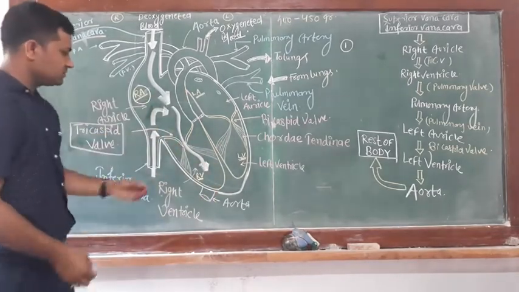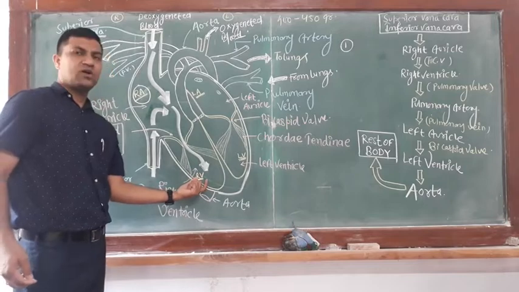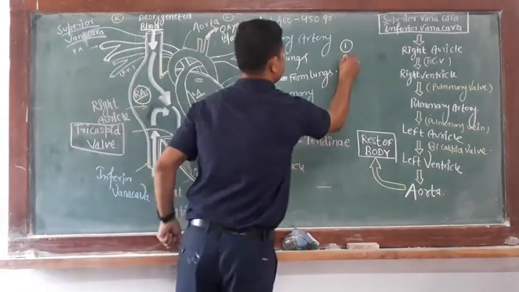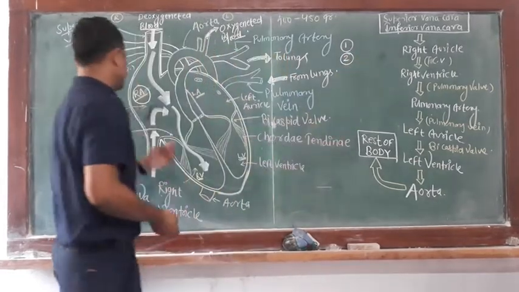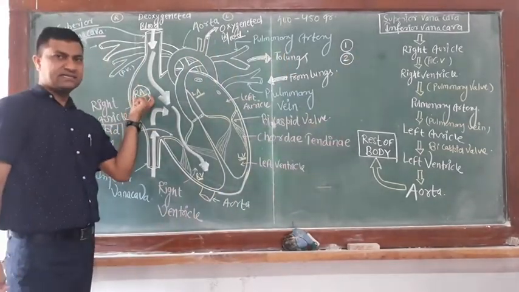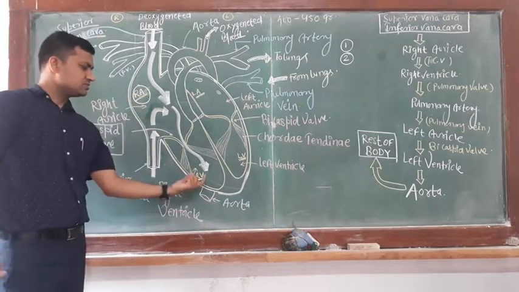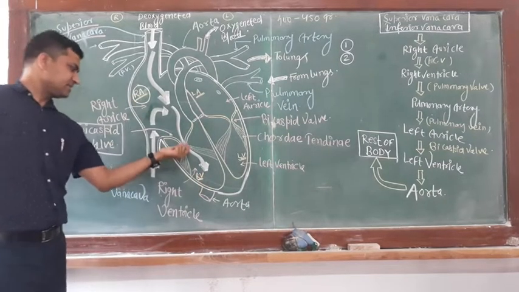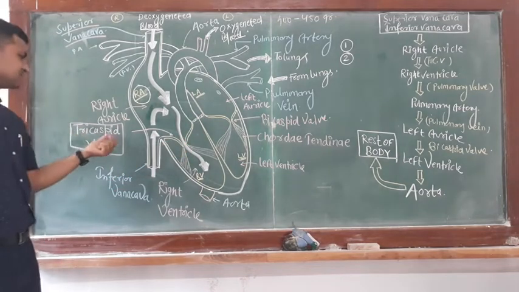Blood comes into the right ventricle. So step number 2 is blood from the right auricle to the right ventricle, in between the tricuspid valve.